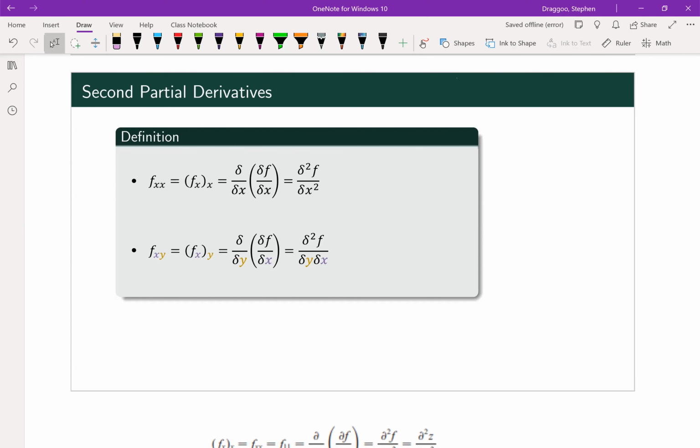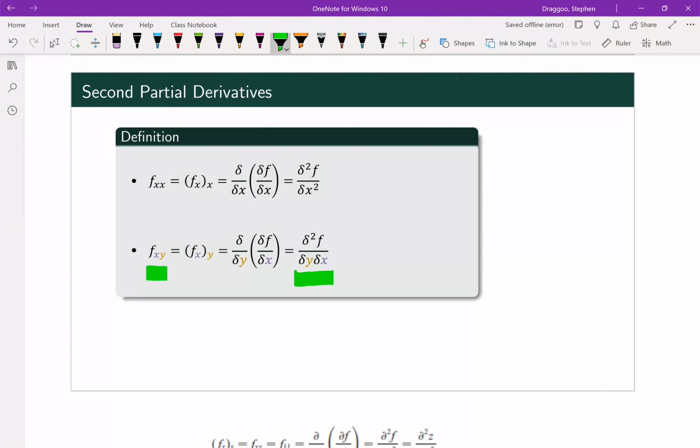And I just want to highlight something in the notation. Notice that for the subscript notation, if I have f sub xy, that means first take the derivative with respect to x, and then second take a derivative with respect to y. But if we convert that subscript notation to the del notation, the order reverses, at least the order in which we write stuff down.